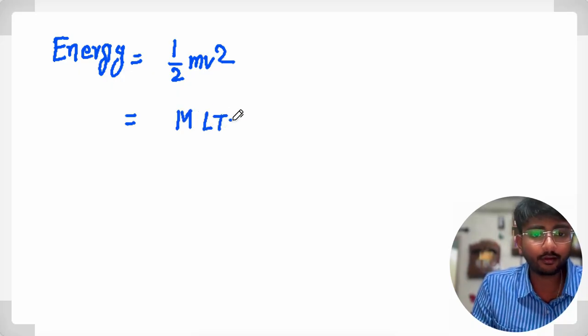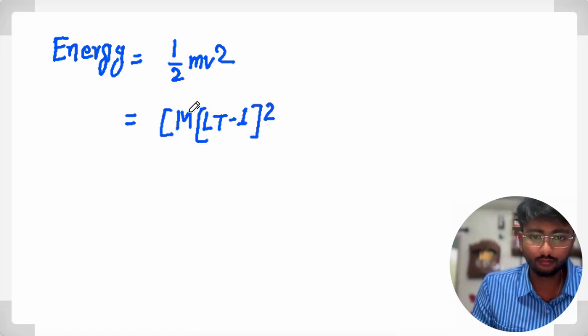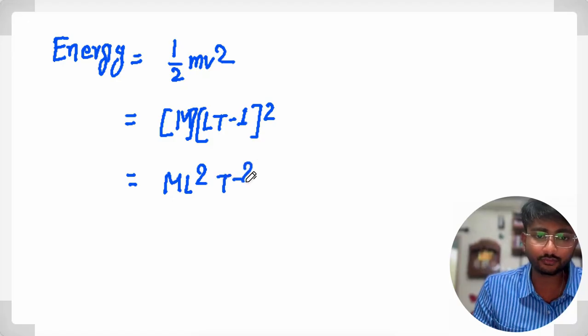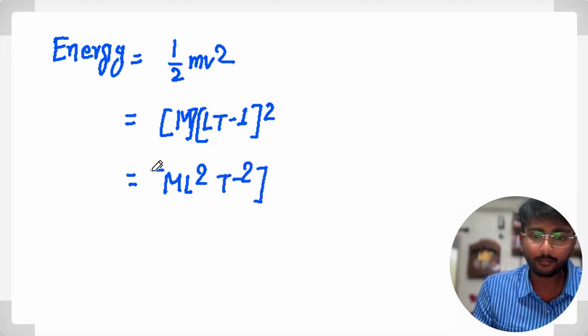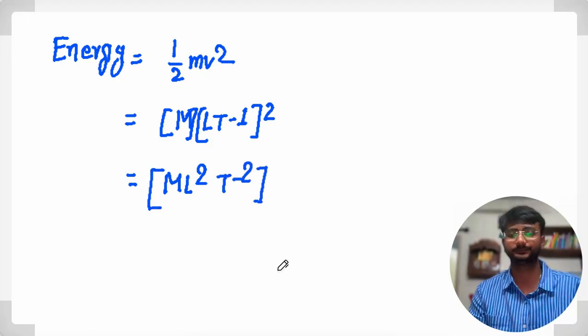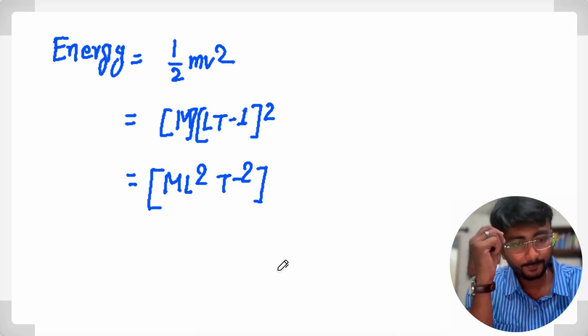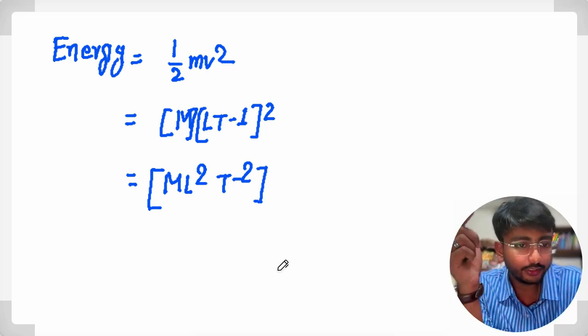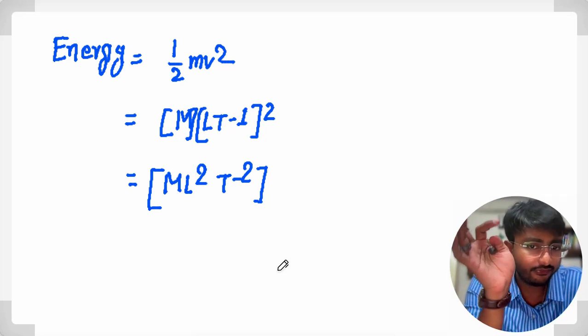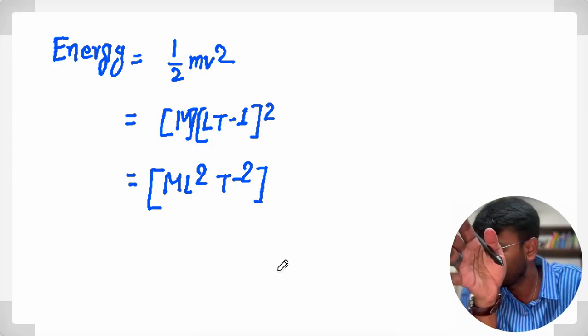Velocity, that means L t to the power minus 1, to the power 2. So this becomes m L to the power 2 t to the power minus 2. This will be the dimension of energy, right? So this way you can calculate the dimension of any physical quantity, any.